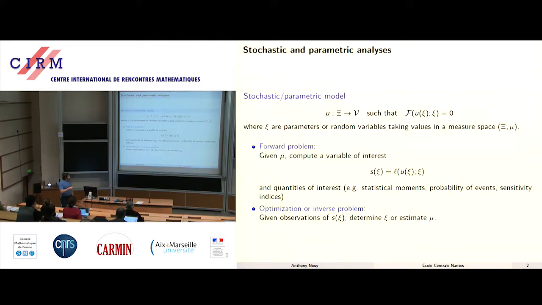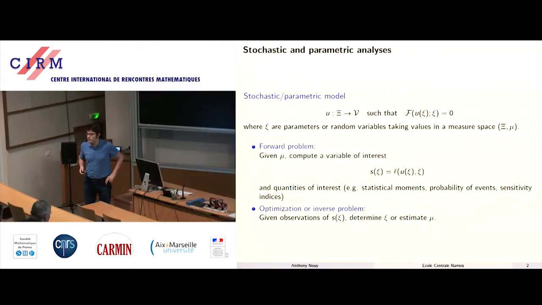Typically, you have two problems for this kind of analysis. First, the forward problems, where you are given a probability measure for your random variables, and you try to compute variables of interest that are typically given by functions of your solutions, of your model. And then you want to estimate quantities of interest, like statistical moments, probability of events, like the probability of exceeding a certain threshold, or sensitivity indices, for example.